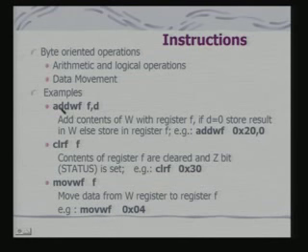This instruction, ADDWF, is an instruction for addition. When it executes, what happens? The contents of register W is added with register F, and if D equal to 0, the result is stored in W, else the result is stored in the register F.